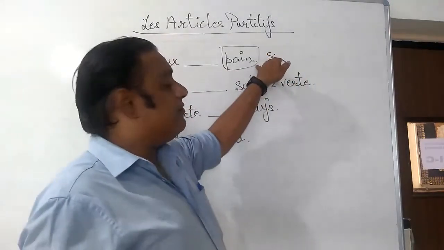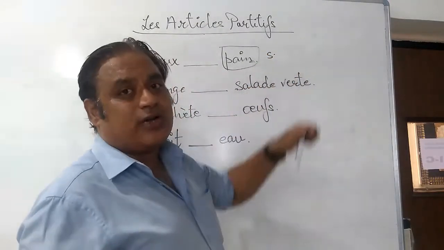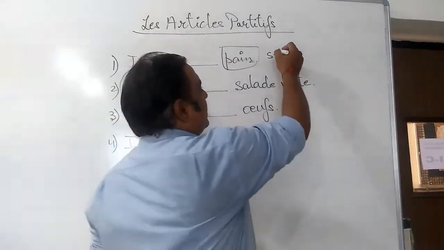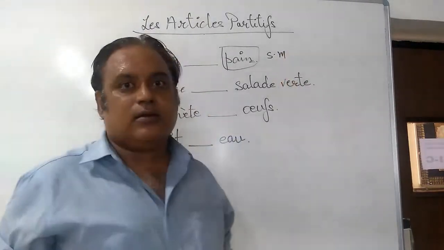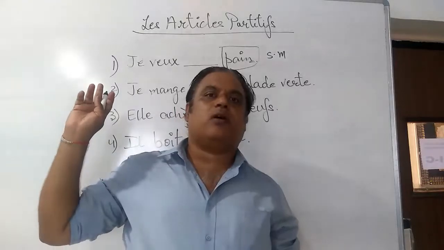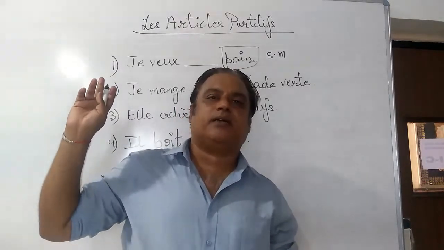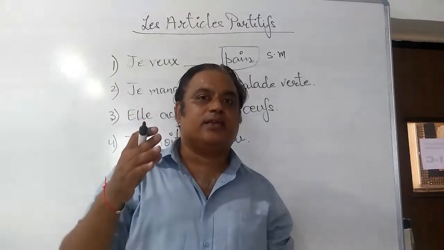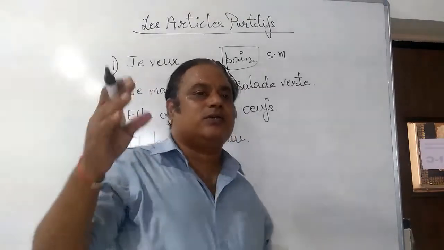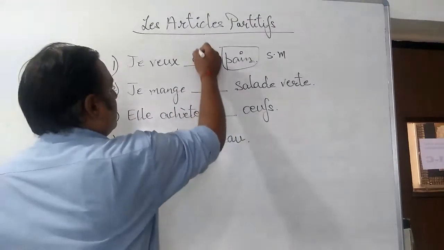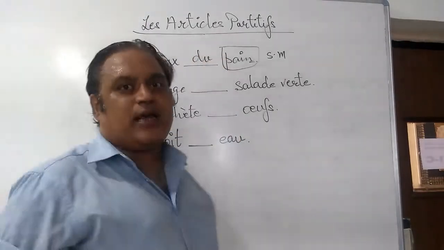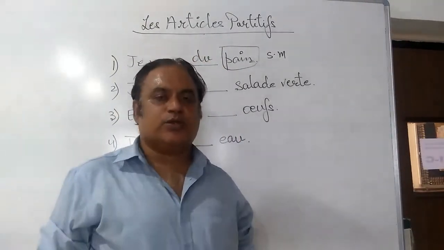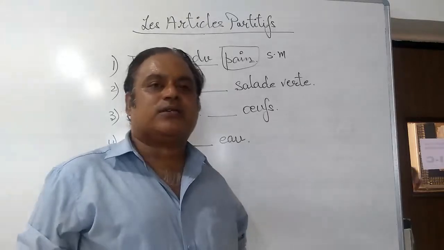So if we go by the general rule, this word is not ending in E, which makes it masculine. And if you relate to the table of the partitive articles I told you a while ago, the masculine singular partitive article was du. That's going to be our answer. Du. Je veux du pain. I want some bread.